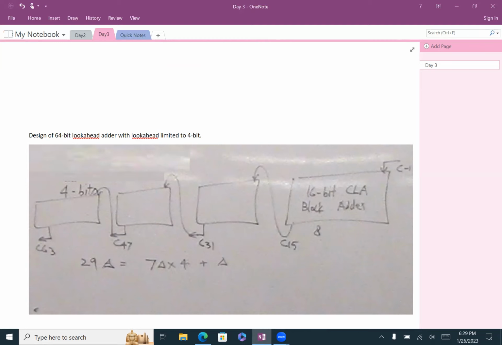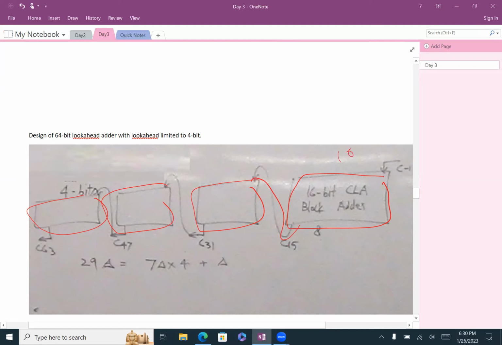So first you have 16 bits, you add them next to each other, and what you have to do is use the carry. So when you have 16 bits, what's the last carry? It's going to be C15, C31, C47, and finally C63. What is the delay here?